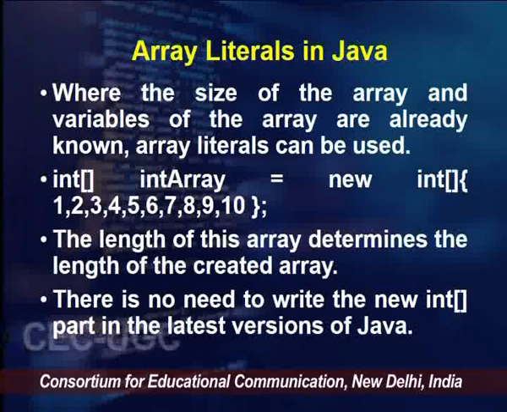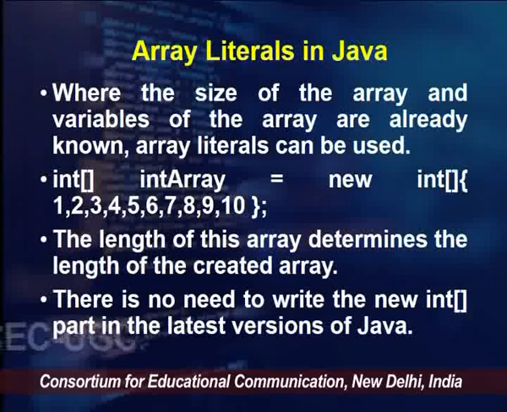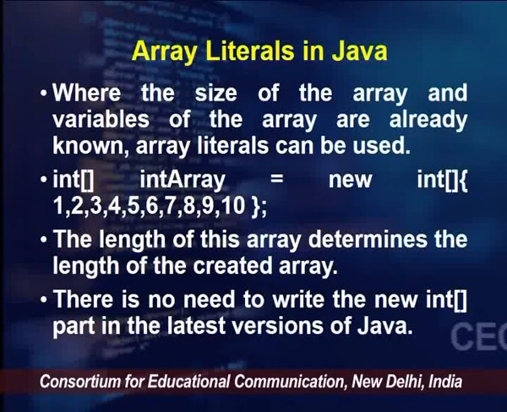Integer, then a bracket, int array, that's the name as I have told you, is equal to new int within the bracket, and after this square bracket, all the values which are needed to be stored inside the array are written inside the curly bracket. So this statement: int array is equal to new int bracket and 1 2 3 4 5 6 7 8 9 10.